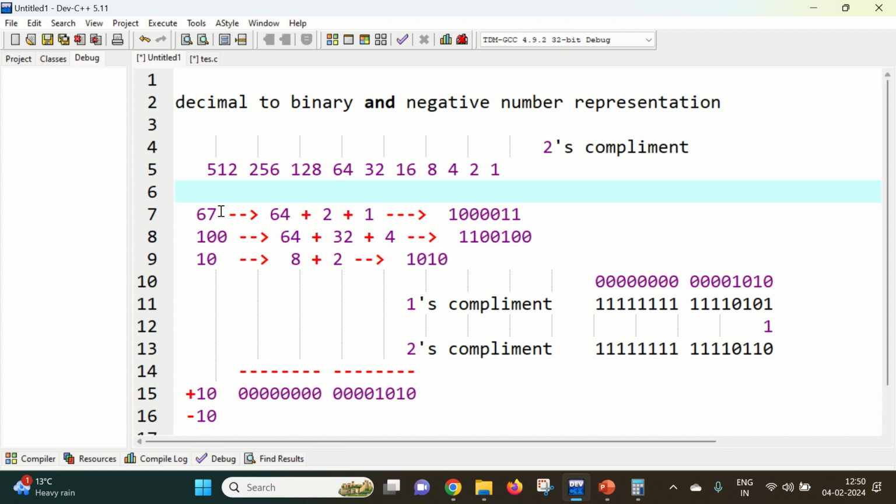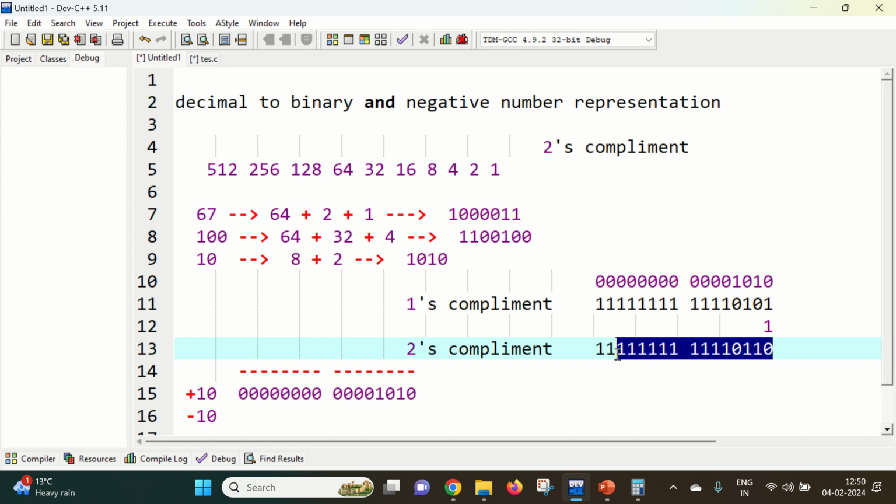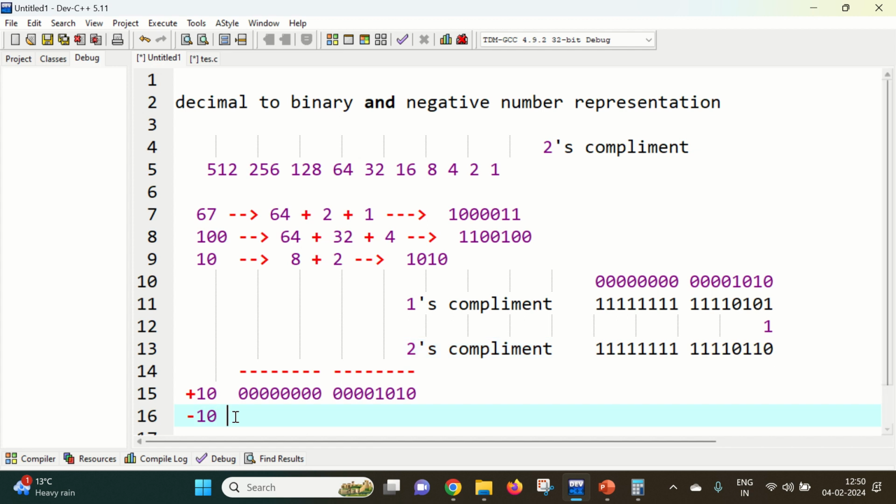So when I'm saying 2's complement, this number is actually your negative 10. Negative 10 is written like this: 1, 2, 3, 4, 5, 6, 7, 8. After that, 1, 2, 3, 4, 0, 1, 1, 0.